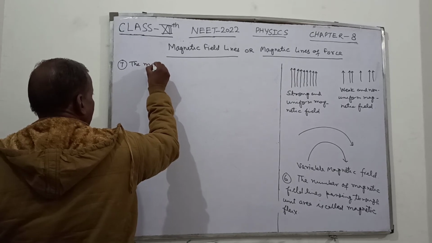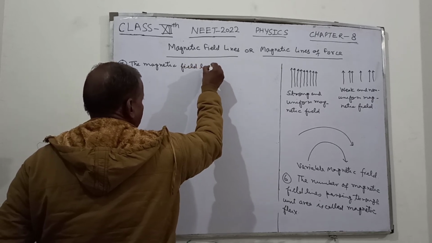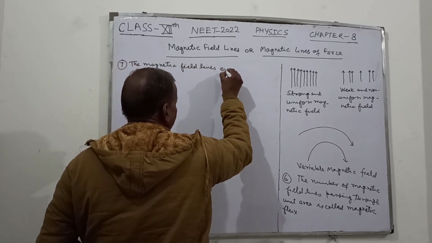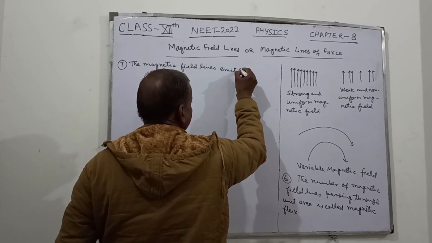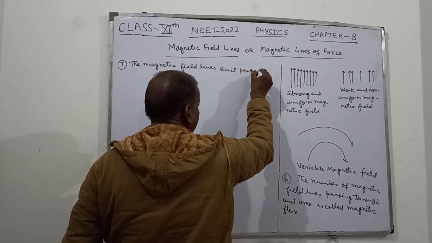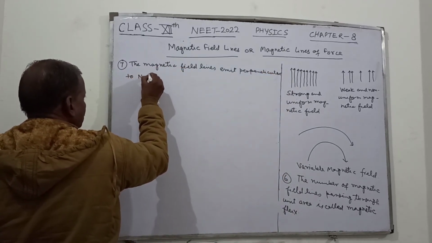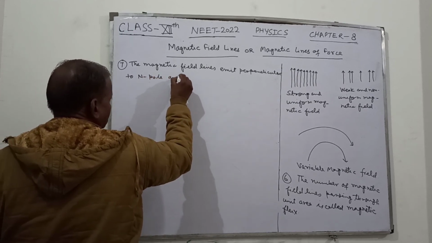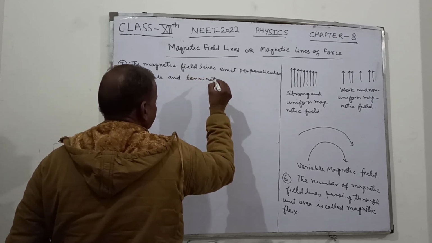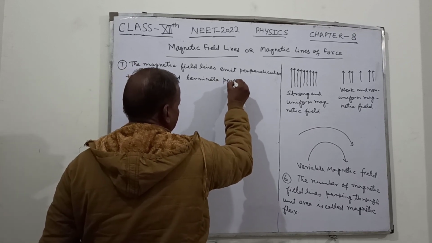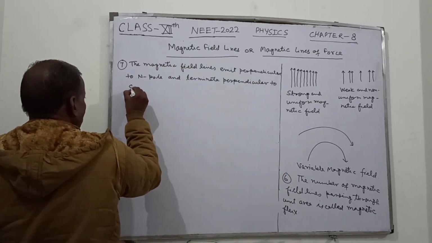The magnetic field lines emit perpendicular to the north pole and terminate perpendicular to the south pole.